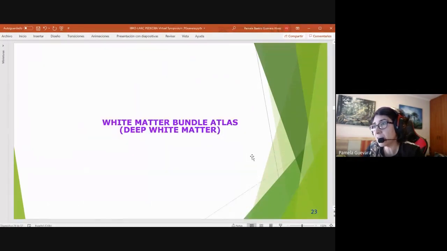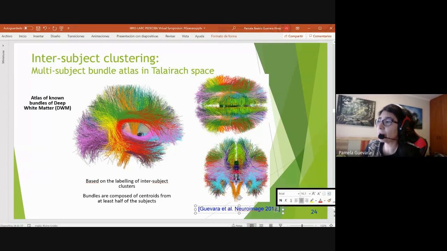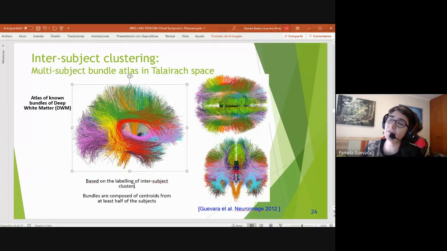And then we labeled these clusters according to the anatomical description of several bundles. This is quite old work, so there are a lot of new works that have done the same thing, but this is one example of a white matter atlas.